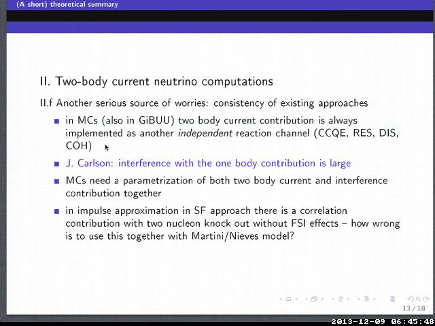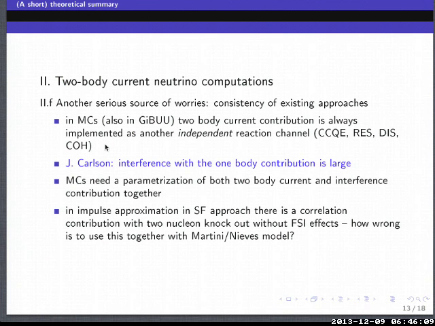In all the Monte Carlo generators, the two-body contribution is added in an incoherent way, just as another cross-section on top of CCQE, RES, DIS, and coherent.